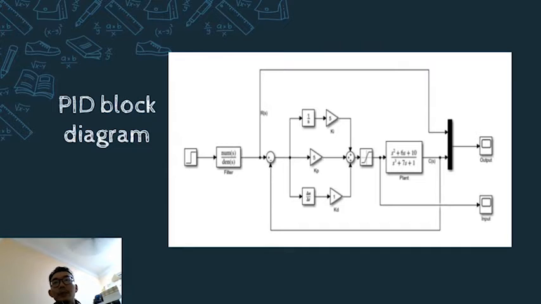Okay, next I will explain about the block diagram used in MATLAB. The figure shows the block diagram of the PID controller. It consists of a PID block which gives its output to the process block. The process plant consists of final control devices like actuator, control valve, and other control devices to control various processes of industry.